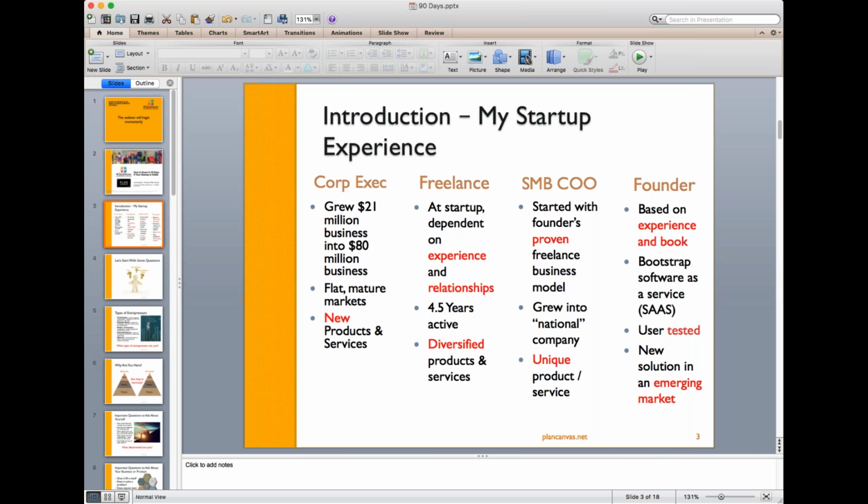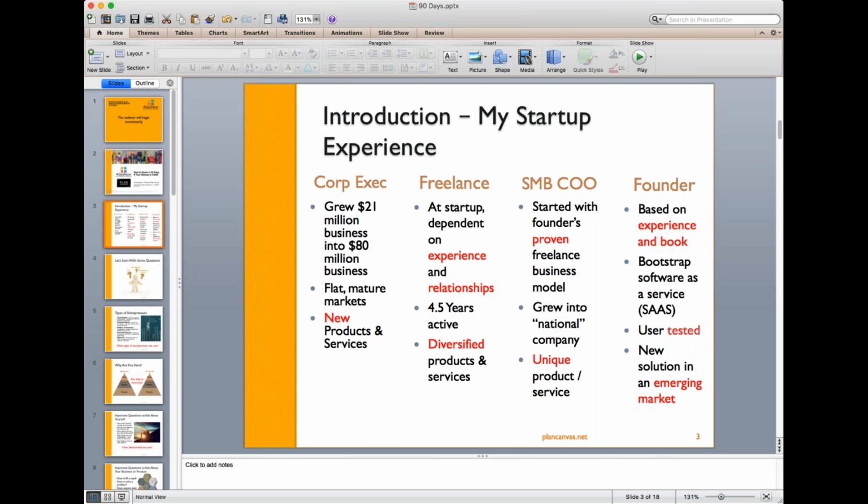I also have worked and continue to work as a freelancer, an independent business consultant, and I started up that freelance business. A lot of times we don't think of freelancing as a business, but you are an entrepreneur if you're starting a freelance business because it has all the same markings of a business, right?